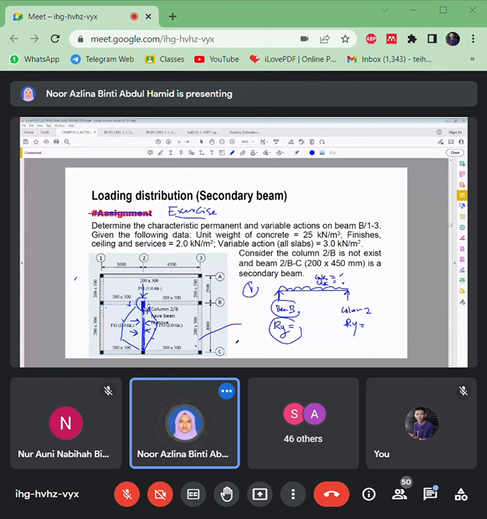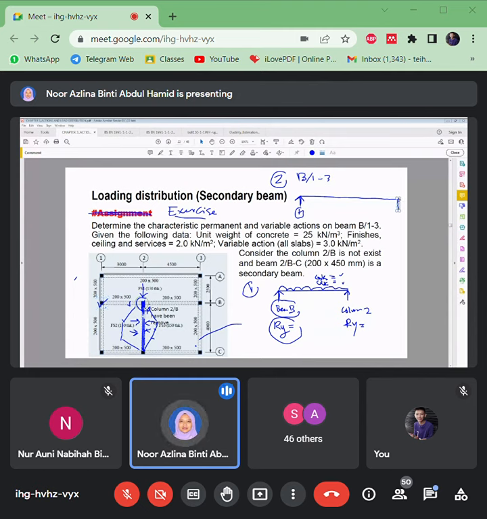Okay, now let's do beam B. This is the main beam, beam B from grid line 1 to 3. This is the sketch of the support system, with grid line 1 here and another support.